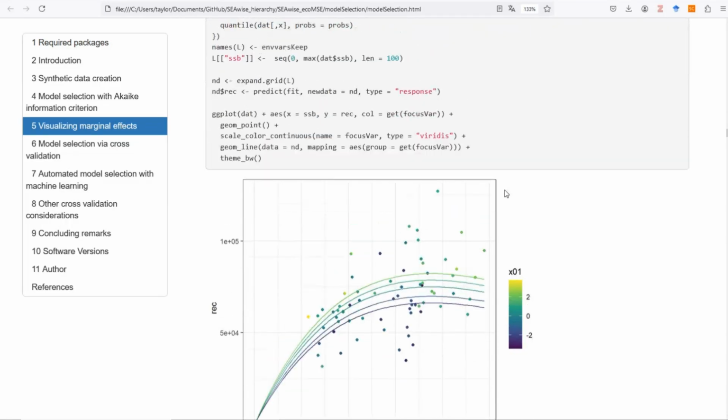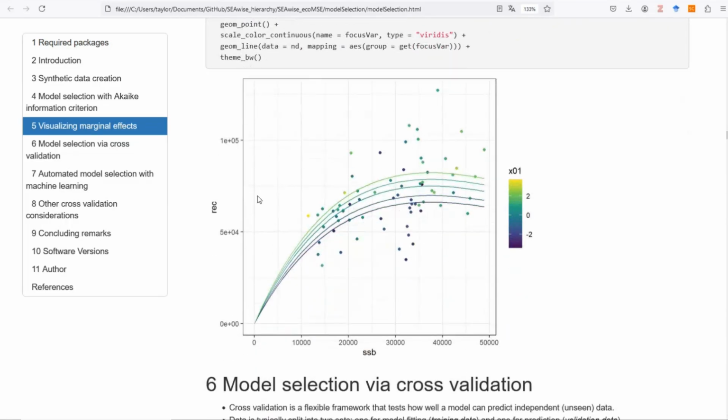And so this is what's basically coming out. I generate all possible combinations of SSB along the observed values and just varying that X01 covariate and looking at how that affected the model. So in this case, you can see it's affecting not only the maximum value, but also the steepness at the origin.